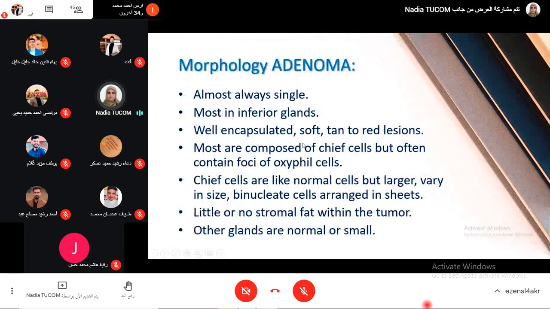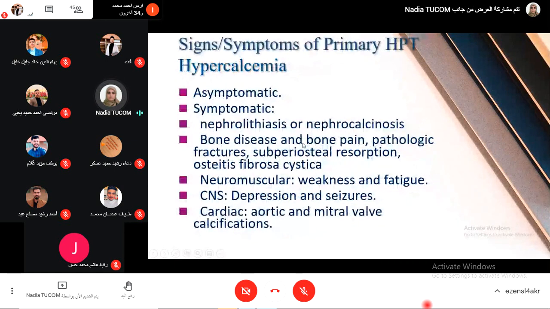As they are called: stones, thrones, groans, and bones, and psychiatric overtones. Stones are related to excessive nephrolithiasis or stone formation, or nephrocalcinosis, increased calcification within the renal interstitium, and renal stone formation.